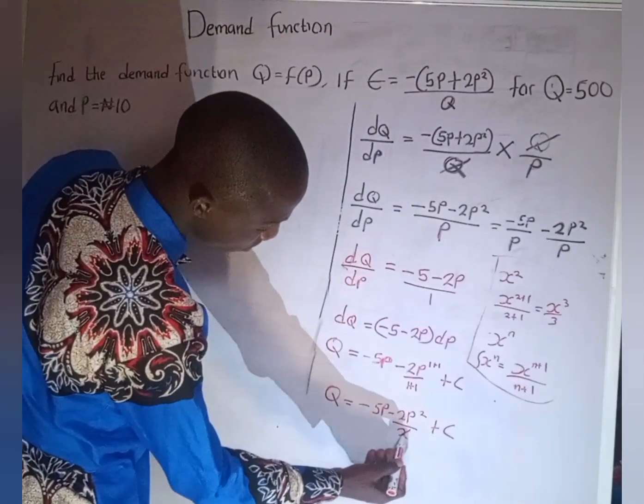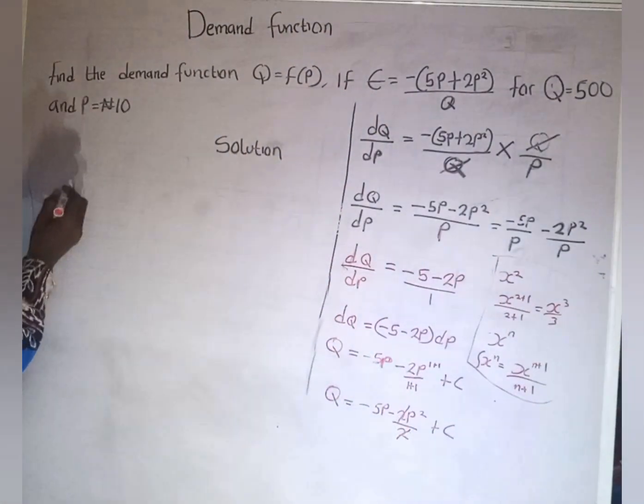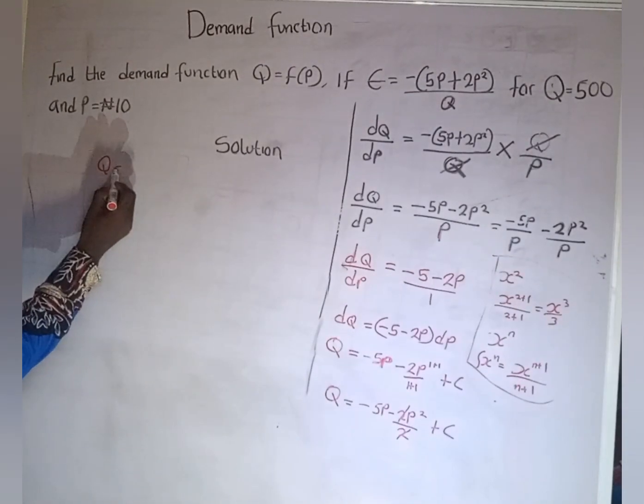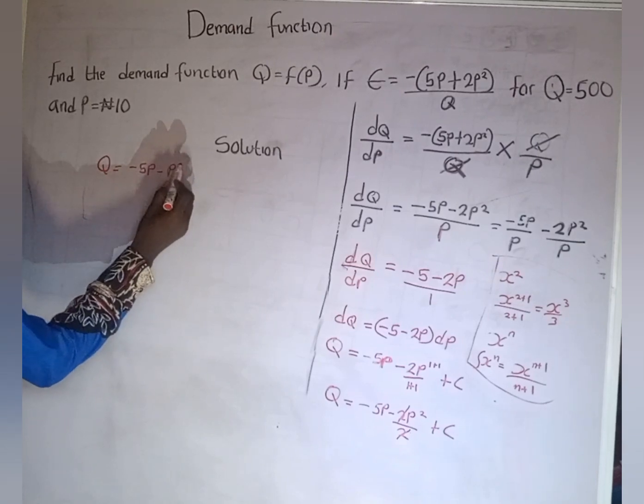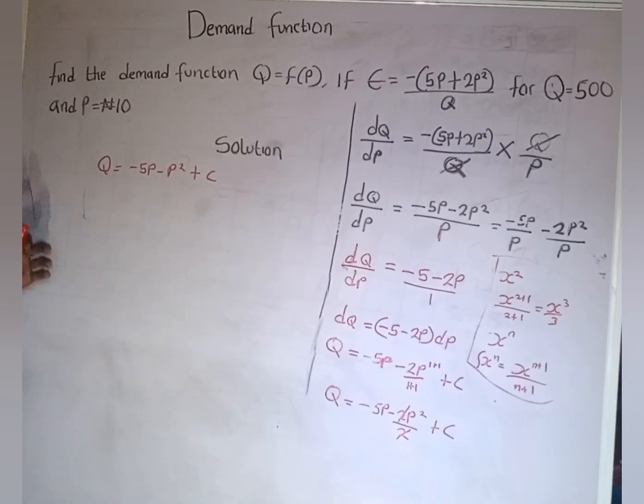These two can divide, so I'm going to have Q equals minus 5p minus p squared plus c. Now I have this equation. This is my demand function. This is the demand function that I am asked to find.